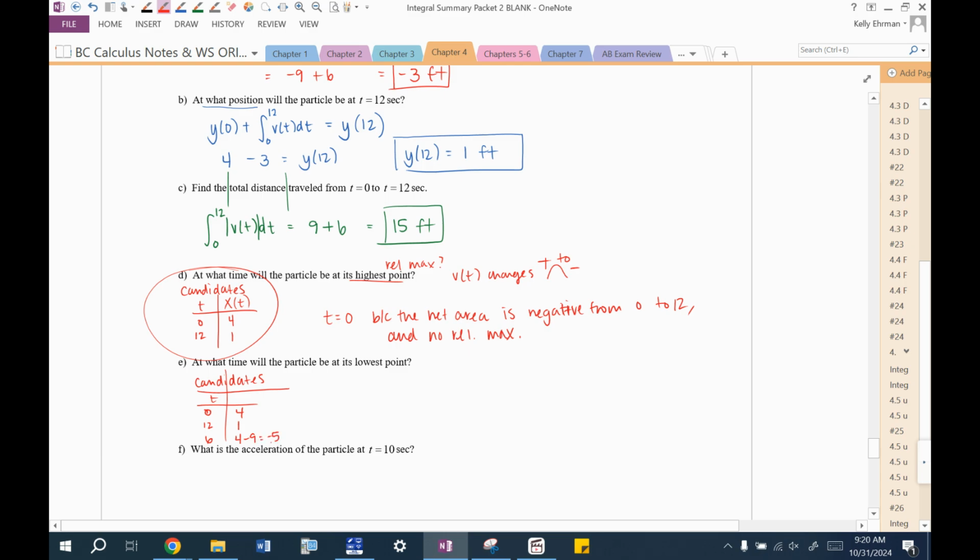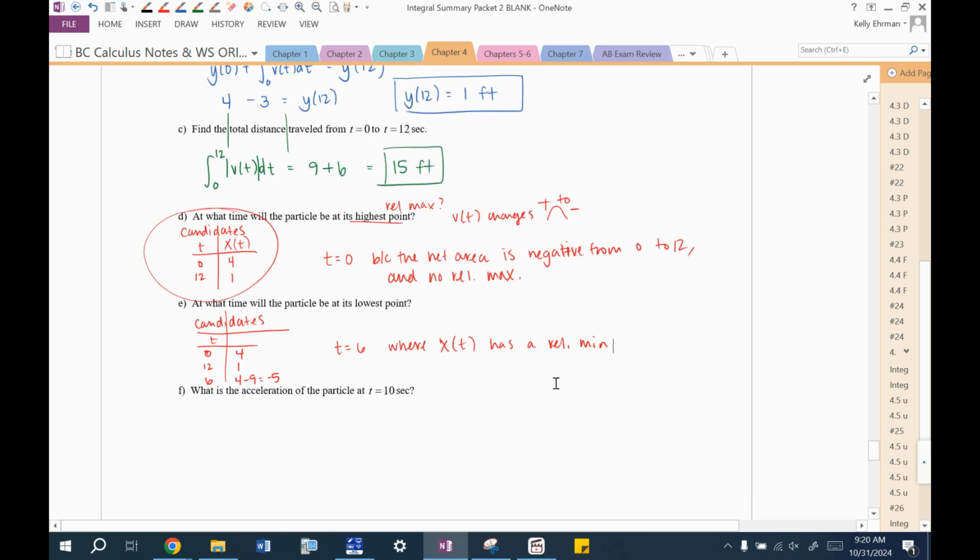So if we had to find what the lowest point was, it would be that. But that's at t equals 6, where x of t has a relative minimum. I would just use my extreme value theorem work to justify, but you can explain it that way too.